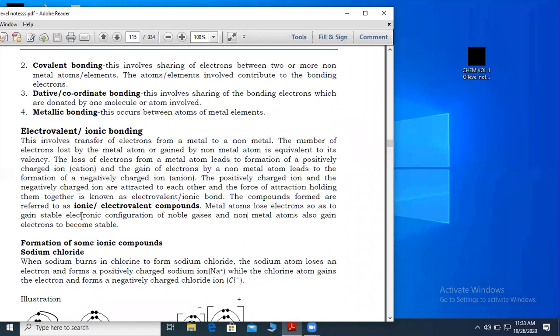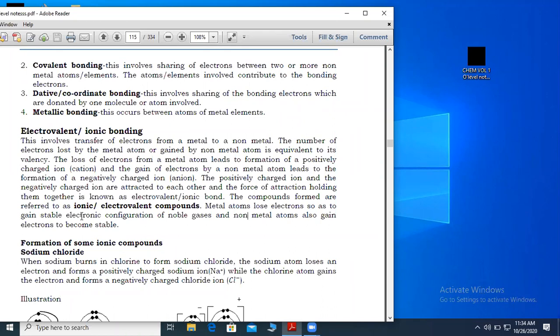Number 2, they conduct electricity in aqueous or molten state.